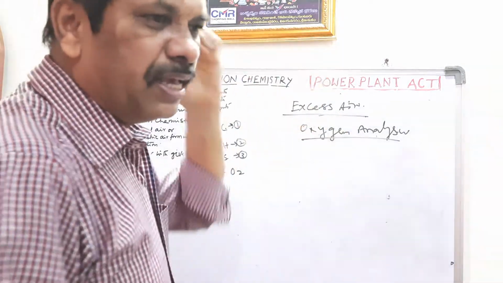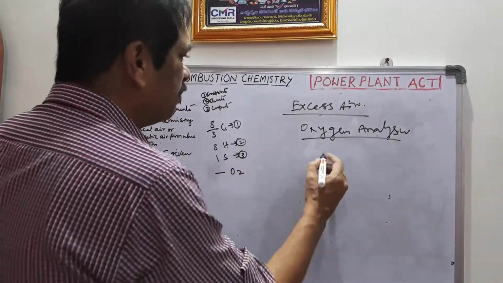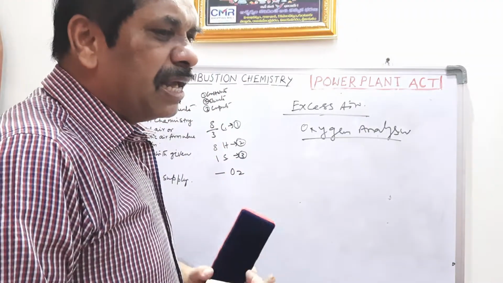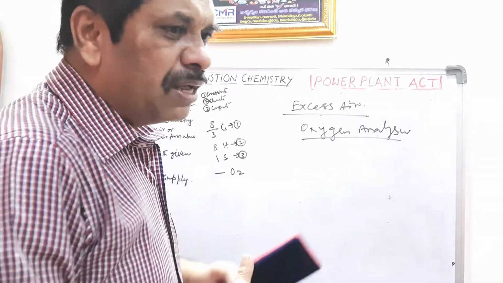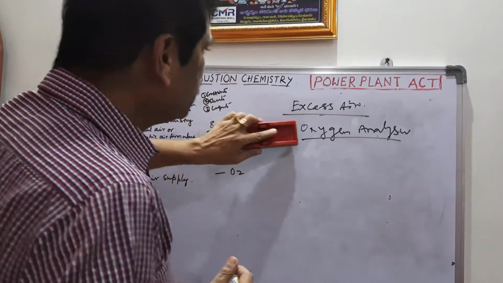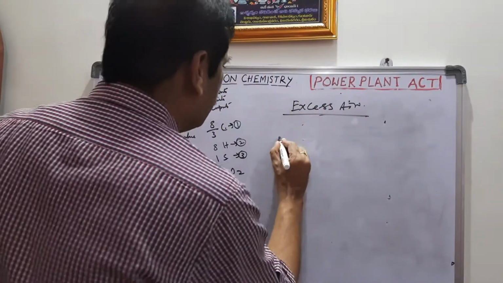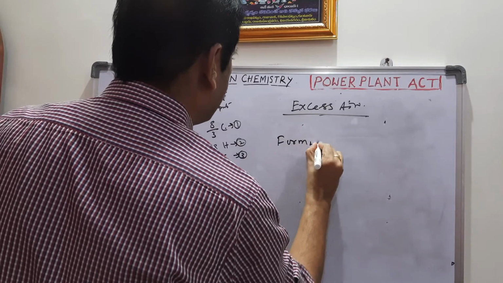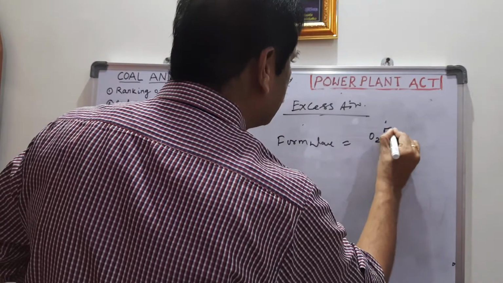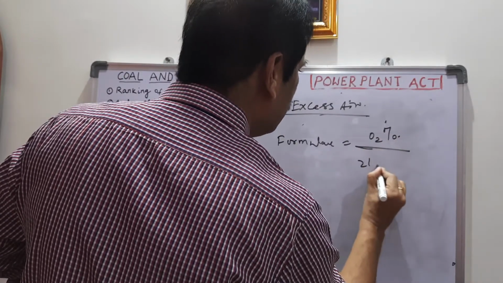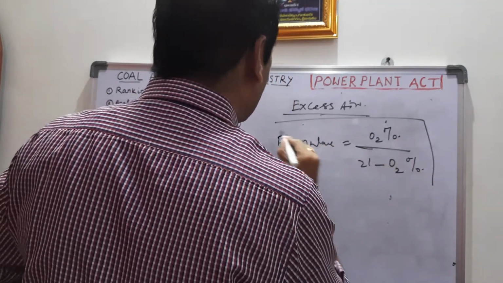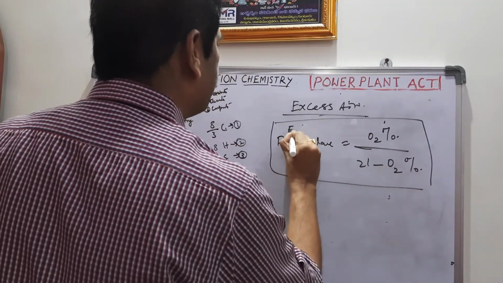It indicates, suppose 5%, that you are providing extra 5% of oxygen for combustion of this coal. So what is the formula for this excess air? The formula for finding the excess air is O2 percentage divided by 21 minus O2 percentage.